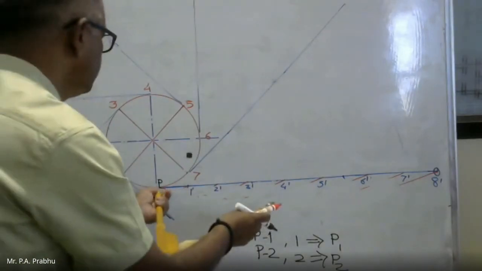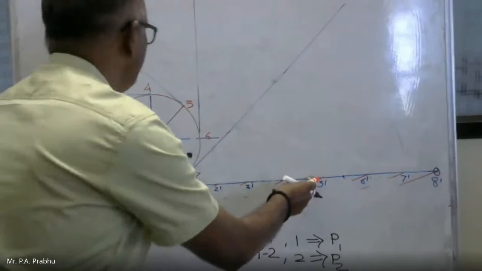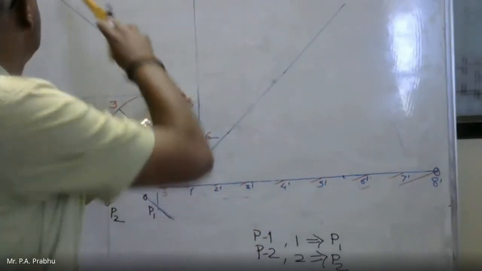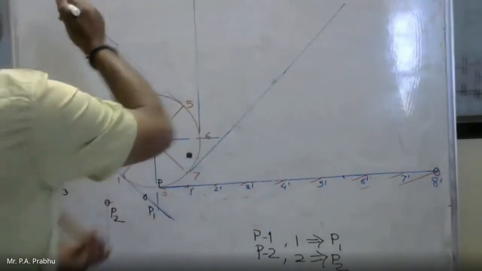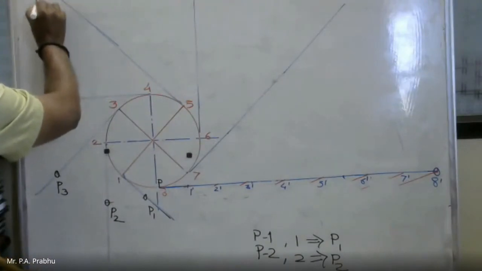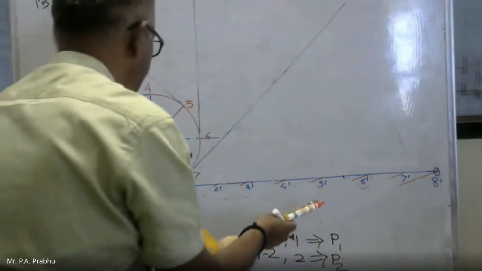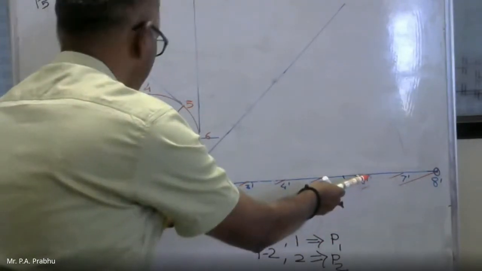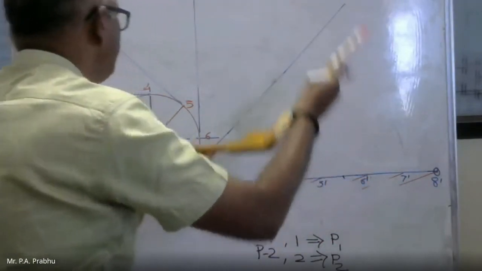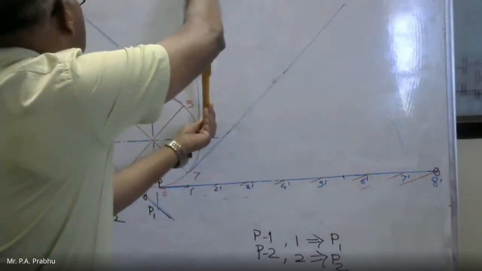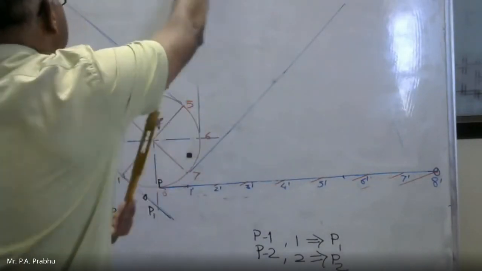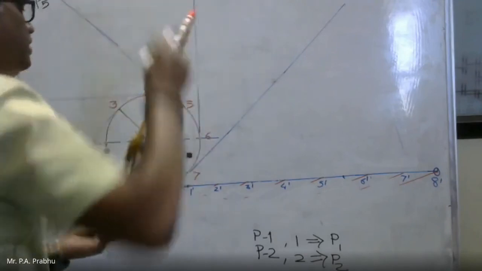Next one, P5. Okay. So here I got P5. Next, P6. So it is coming outside my blackboard. Okay.